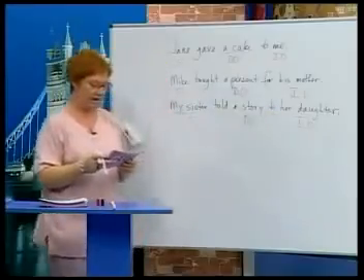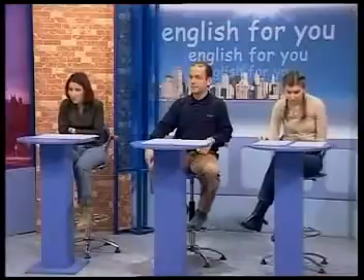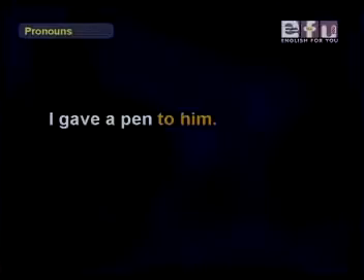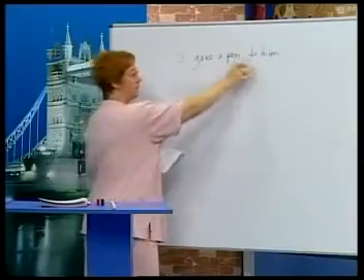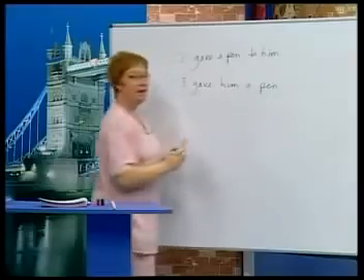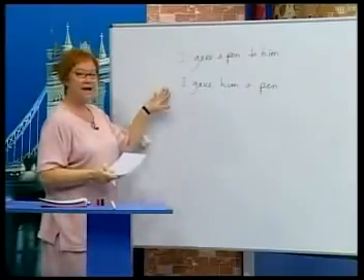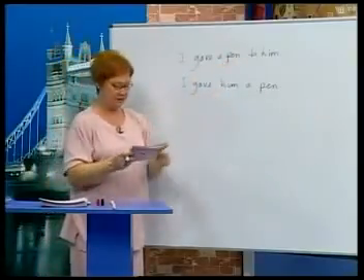All right, now let's look at a couple more examples that are the same but different. I gave a pen to him. Or I gave him a pen. Now, these sentences have the same meaning, but the structure is a little different.